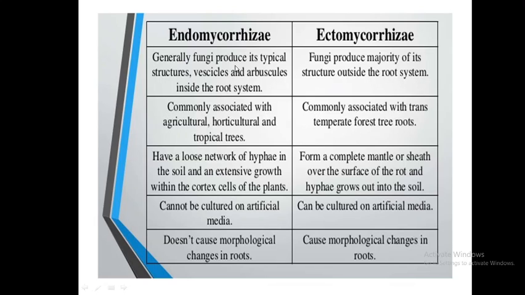This is the basic difference between endomycorrhiza and ectomycorrhiza. Another difference: endomycorrhiza is commonly associated with agricultural, horticultural and tropical trees, but ectomycorrhiza is commonly associated with trans-temperate forest tree roots.